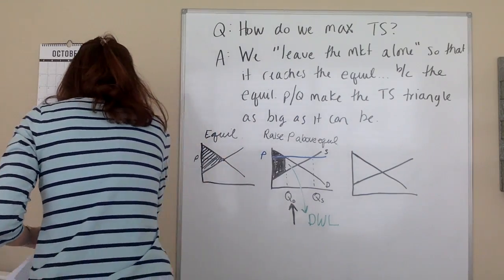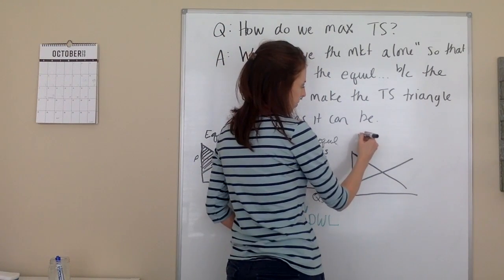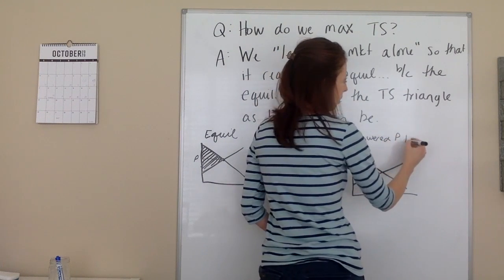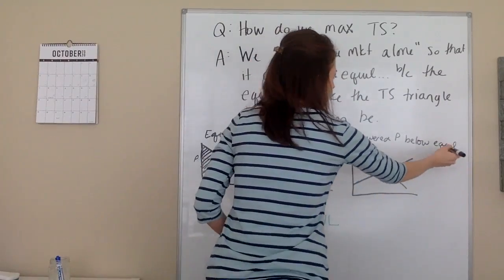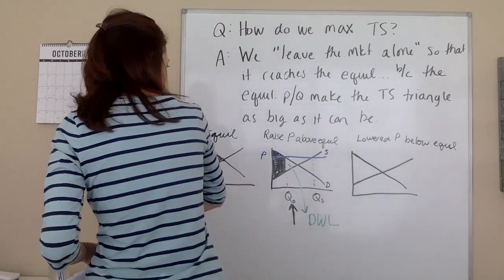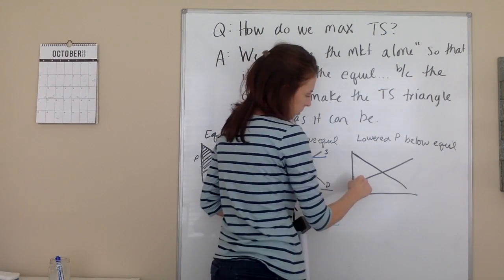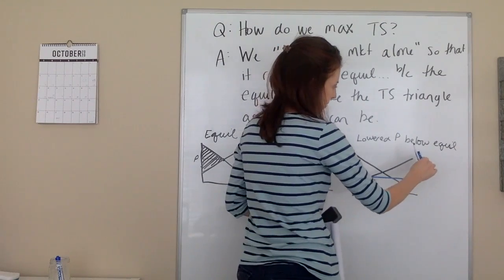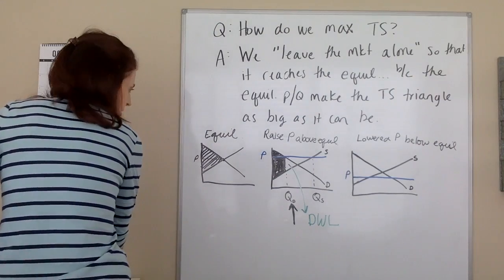Okay, what if somehow in the market somebody intervened and we lowered the price below the equilibrium? Well, if we did that, then the price in the market would have to be somewhere down here. And again, this is supply, this is demand, and we can basically do the same thing.